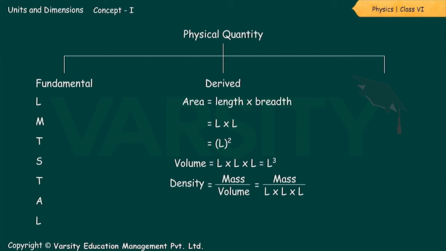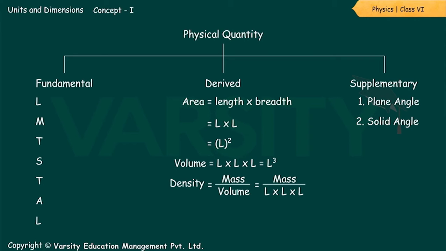Now let us see what supplementary physical quantities are. There are 2 supplementary physical quantities in the SI system. 1. Plane angle and 2. Solid angle.